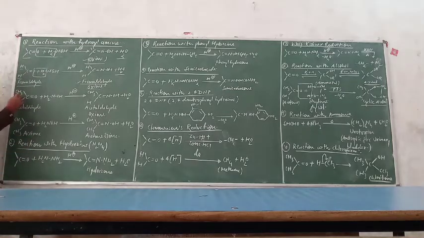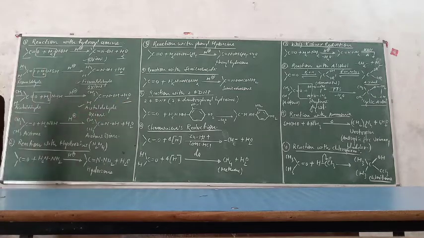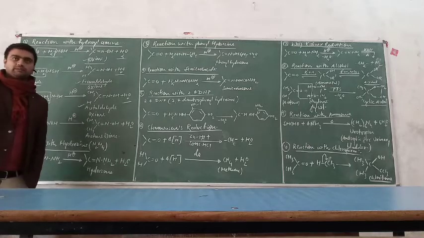Similarly, when we write at one position CH3 and at the second position H, the corresponding compound is known as acetaldehyde or ethanal. Clear? And when acetaldehyde reacts with hydroxylamine, then the same reaction will also occur here. Two hydrogens of hydroxylamine and oxygen form the water, and the compound which is formed is known as acetaldehyde oxime.